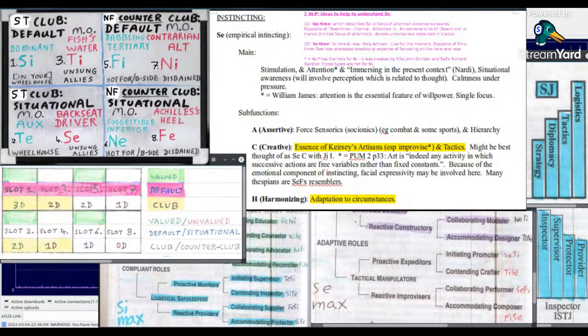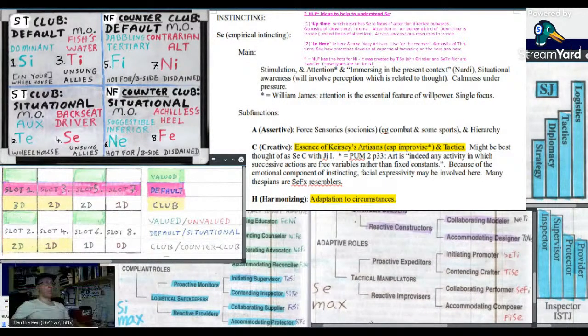Hang on a moment, I should be on this screen. There are a load of INTPs in science, and they're using TE. They're using empirical, going towards the empirical scientific method, all of that, going towards data. They're using TE.